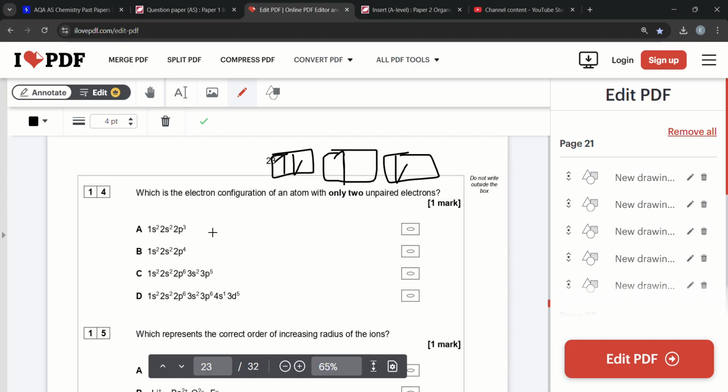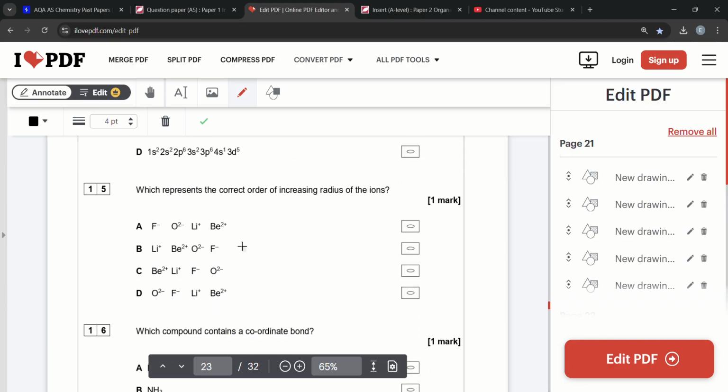So it's not going to be 2p3 because with 2p3 it's actually going to be 3 unpaired electrons. Could be 2p4, well, one of them has to pair together and therefore you will get 2 unpaired electrons. 3p5, well, 1, 2, 3, well, 1 will pair and therefore you get only 1 unpaired electron. And 3d5, well, the answer is B anyway, 14B.